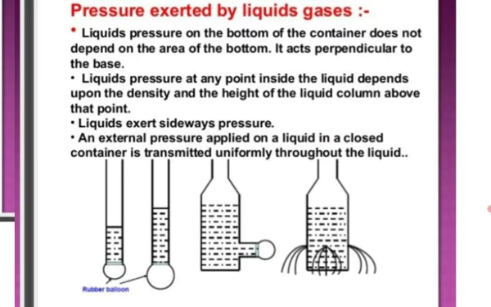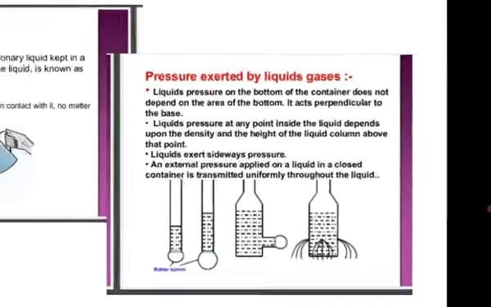It acts perpendicularly to the base. Liquid's pressure at any point inside the liquid depends upon the density and the height of the liquid column above that point. Liquids exert sidewise pressure, and external pressure applied on a liquid in a closed container is transmitted uniformly throughout the liquid.